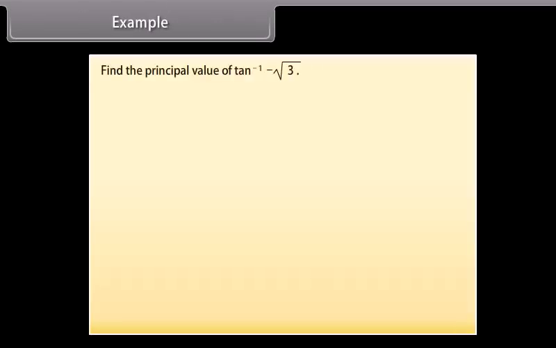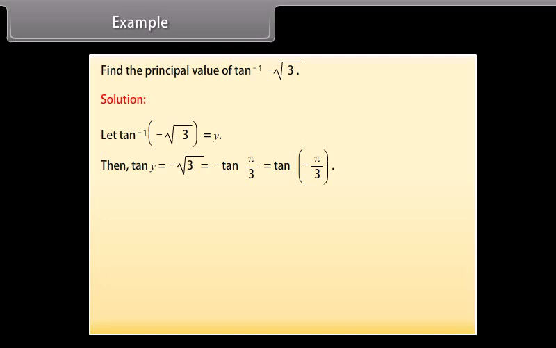Example. Find the principal value of tan inverse of -√3. Solution. Let tan inverse of -√3 is equal to y. Then tan y is equal to -√3 is equal to minus tan pi by 3 is equal to tan of minus pi by 3.